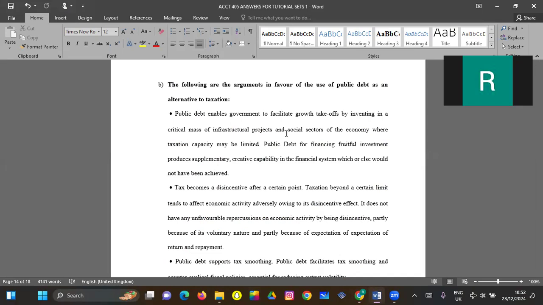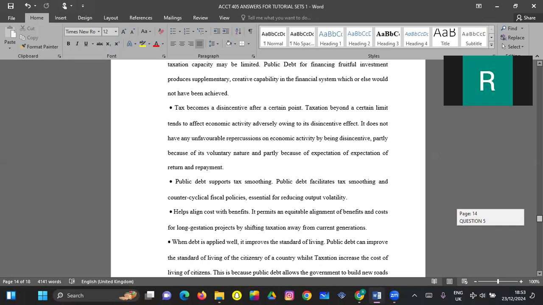So you need to get the debt fast. So where taxation capacity may be limited, right? And then the other one is tax becomes a disincentive after a certain point, right? So when you tax and tax and tax, it becomes a disincentive at a certain point, and therefore public debt will be needed.